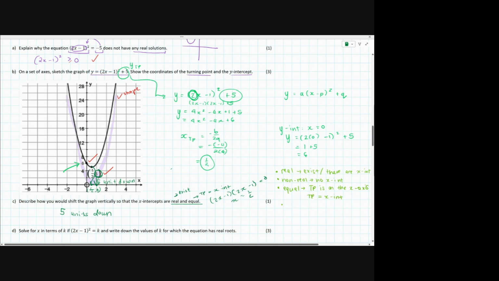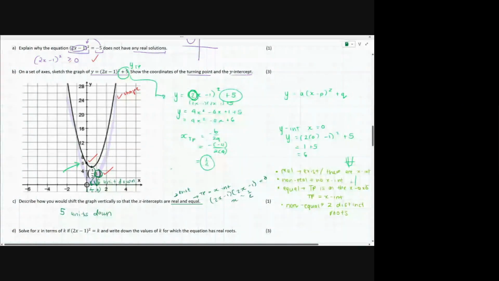Right, you can also get non-equal roots. And basically non-equal roots means that you have two distinct roots. I'll draw little pictures for you now. Real, basically you do have x-intercepts. They could be anywhere. Non-real, no x-intercept, it sits above the x-axis or below the x-axis. Doesn't really matter.